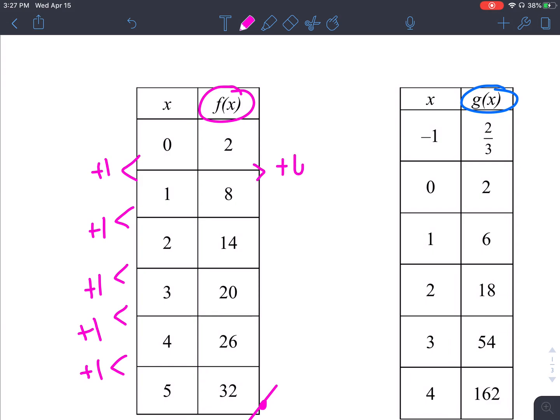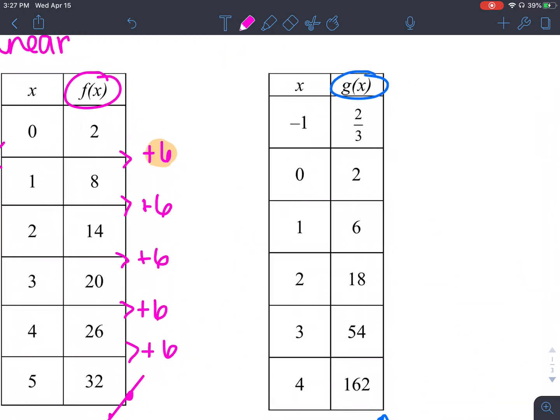So 2 to 8 is 6, 8 to 14 is also 6, 14 to 20, 20 to 26, and 26 to 32. When I take that change of y over change of x, I'll always get 6. So I know this is linear with a positive slope. Be careful because that can't be called a growth. It just has a positive slope. So I know it's linear.